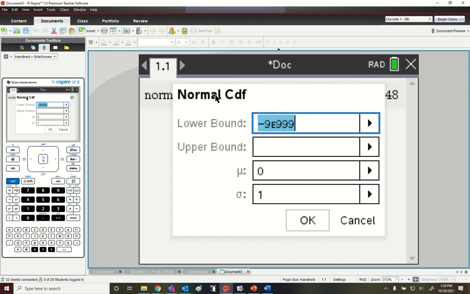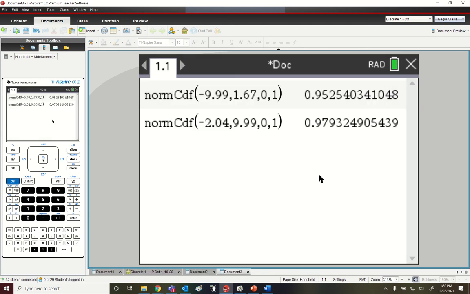All right, let's see what we got. So my lower bound was negative 2.04. My upper bound was 9.99. Did we change the mean? No. Did we change the standard deviation? Nope, so I hit OK.